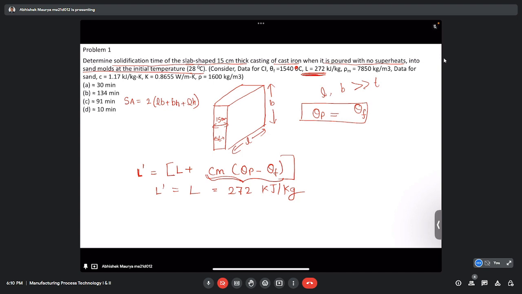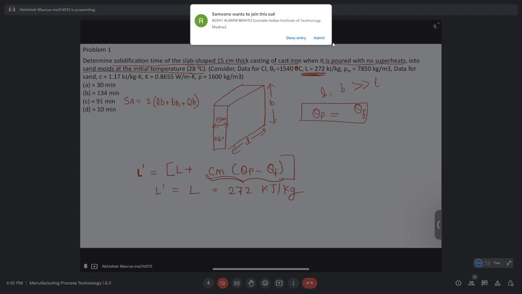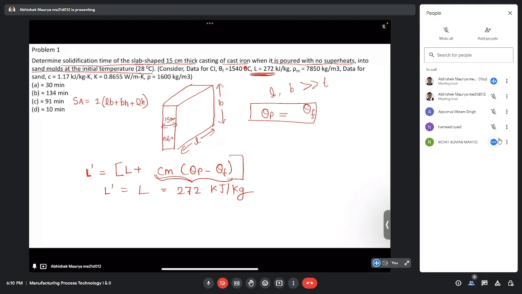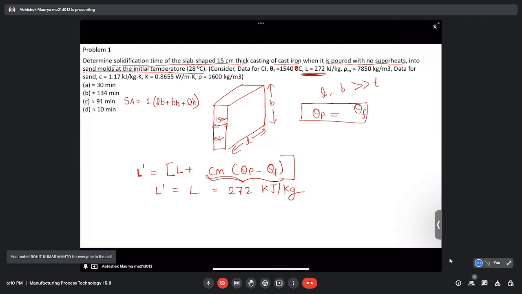Since we know it is a thin section, these terms will become 0, and finally we can approximate the total surface area of this casting as 2 times length times breadth.